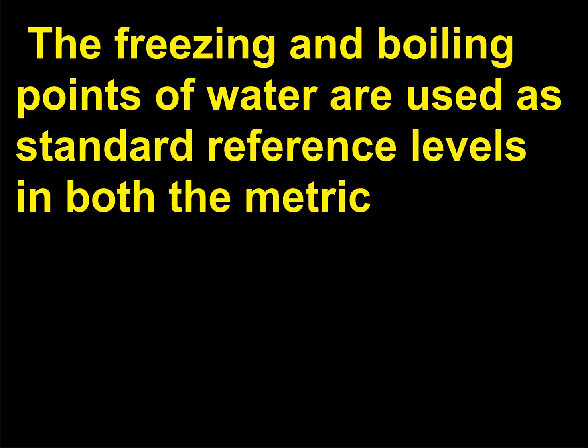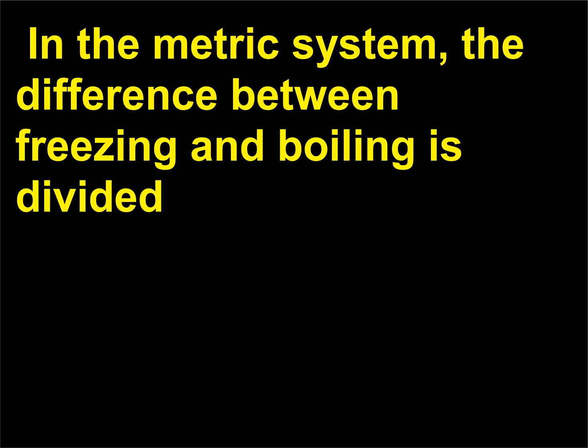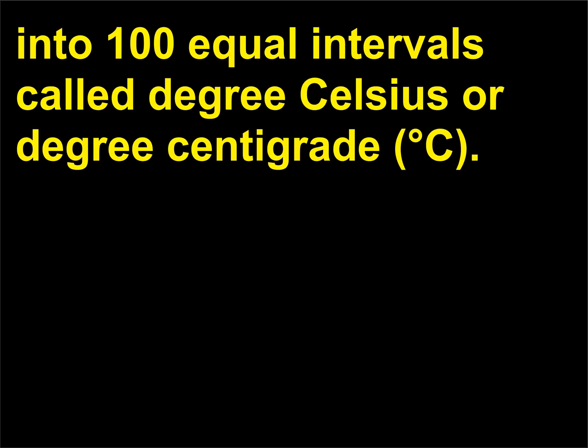The freezing and boiling points of water are used as standard reference levels in both the metric system, centigrade or Celsius, and the English system, Fahrenheit. In the metric system, the difference between freezing and boiling is divided into 100 equal intervals called degree Celsius or degree centigrade, degree C.